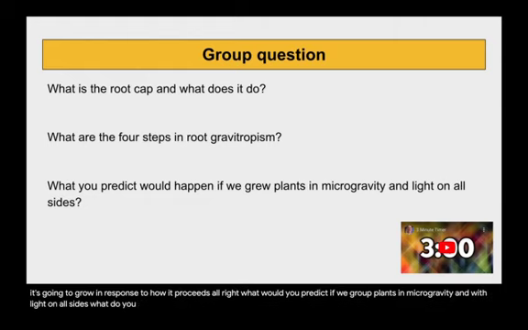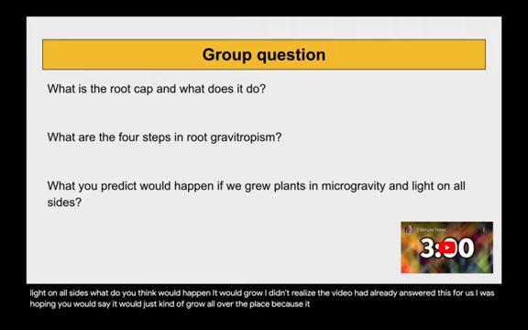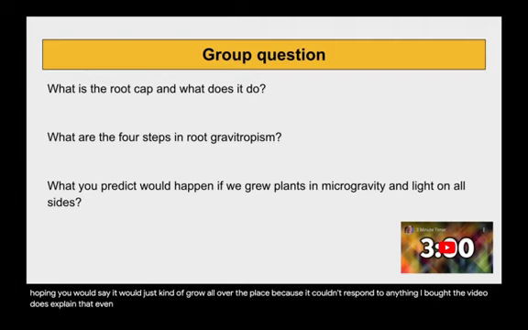What do you think would happen? Yeah, it would grow. I didn't realize the video had already answered this for us. I was hoping you would say it would just grow all over the place because it couldn't respond to anything, right? But the video does explain that even without light, even without gravity, there's this inherent direction that it will just grow away from where it's germinating. So plants are pretty incredible in that way.